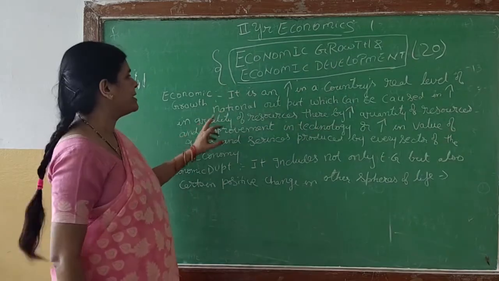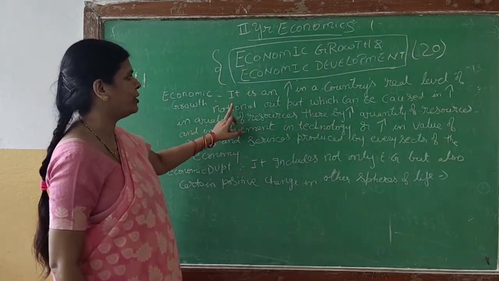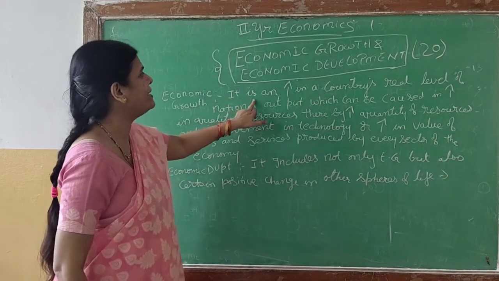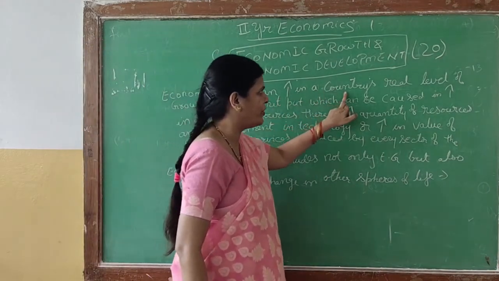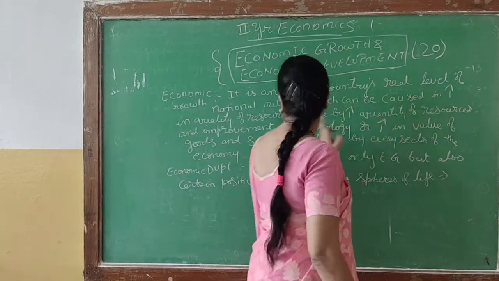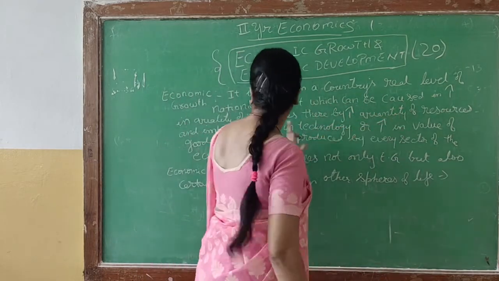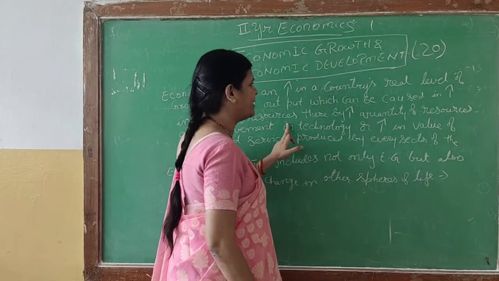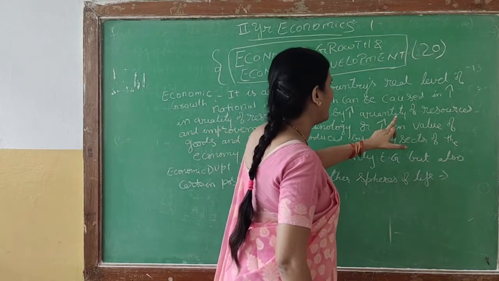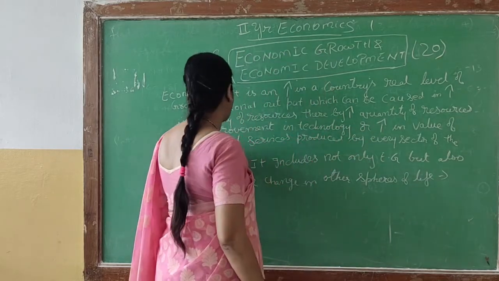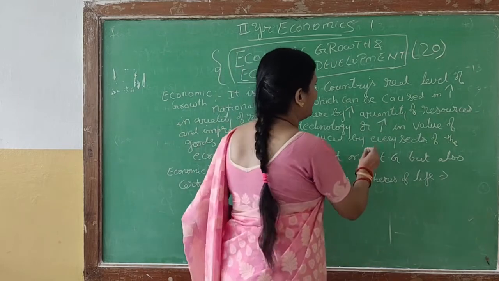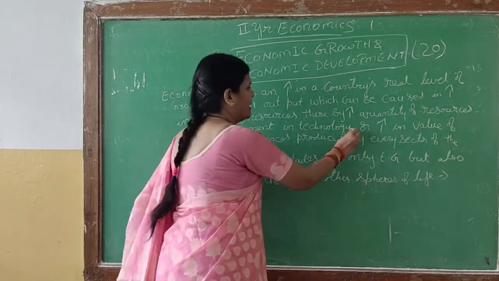Economic growth, see students, it is an increase in a country's real level of national output, which can be caused by an increase in quality of resources, an increase in quantity of resources, and improvement in technology.